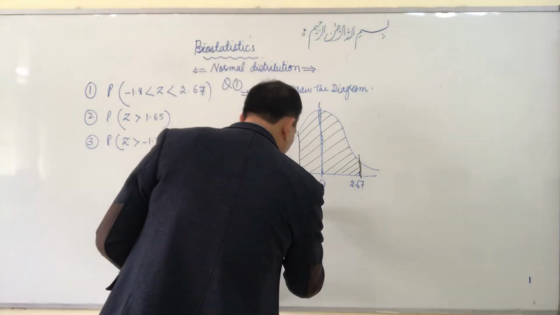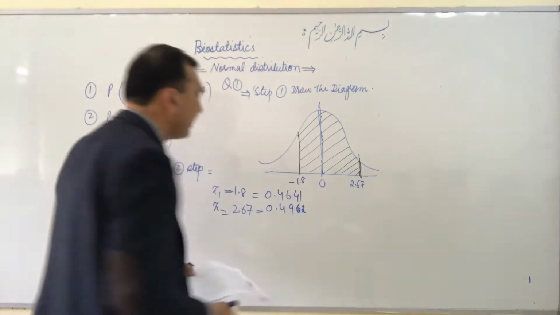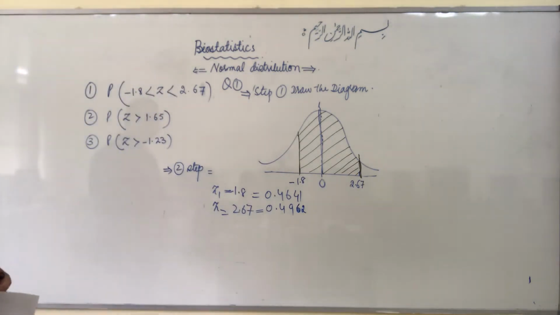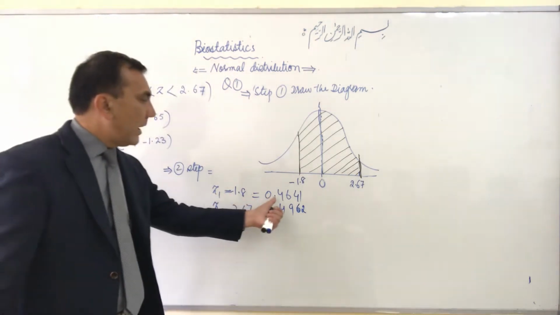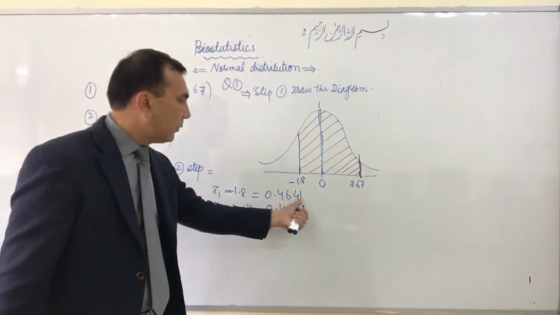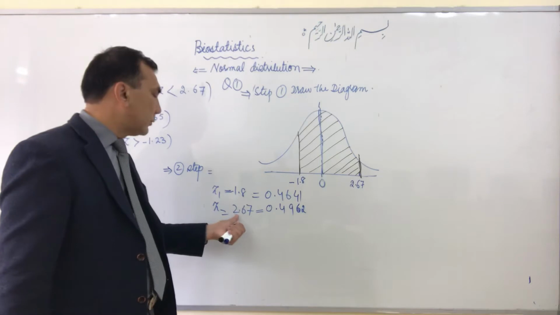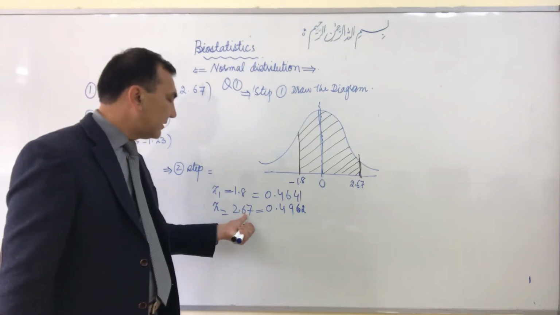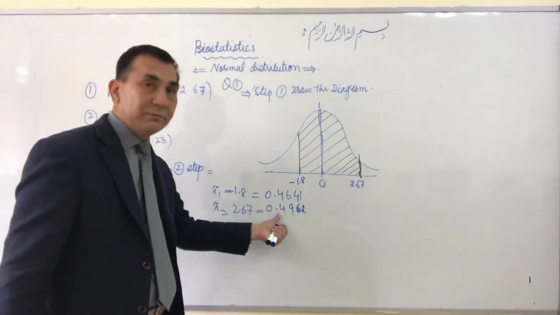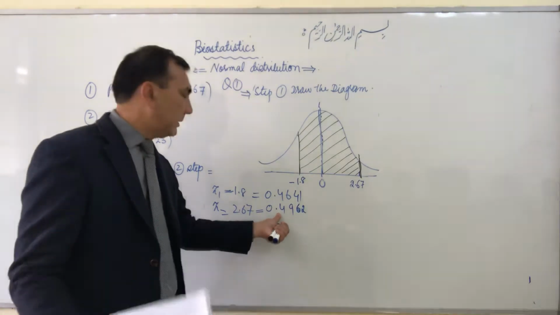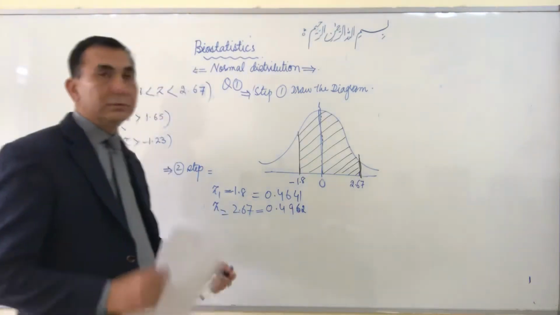0.4960. Right. Now 0.4641 is the value for 1.1, and 2.67 is the value which we draw through the Z table: 0.4962.